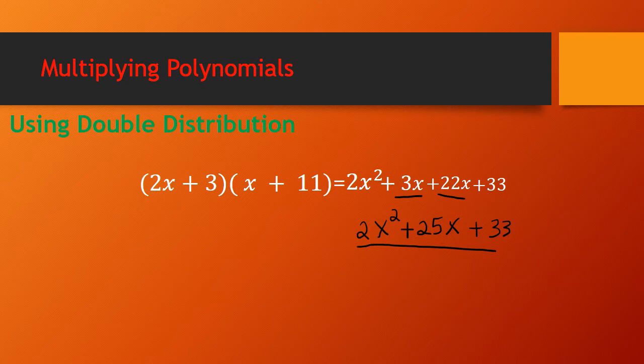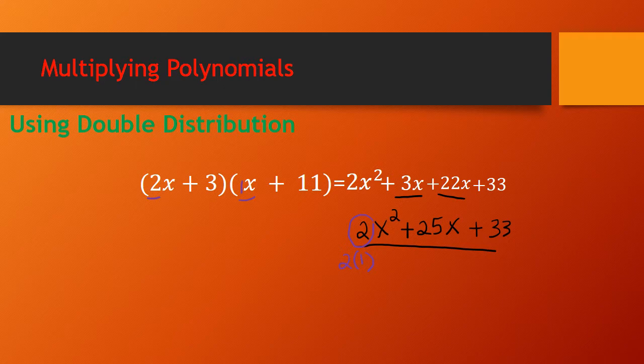If we look at the standard form, the first number in the trinomial is 2. And 2 is basically the product of the first two numbers in the binomials, 2 and 1.